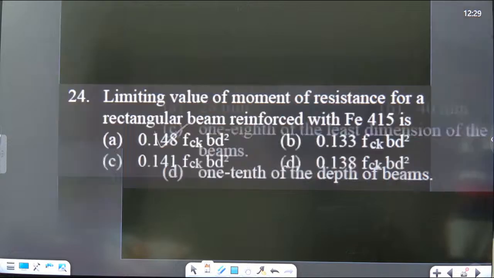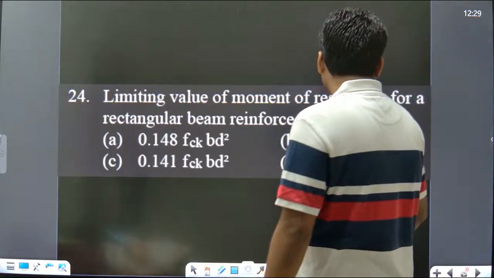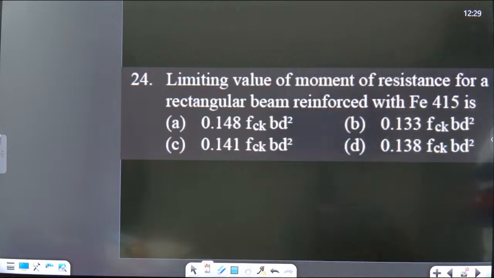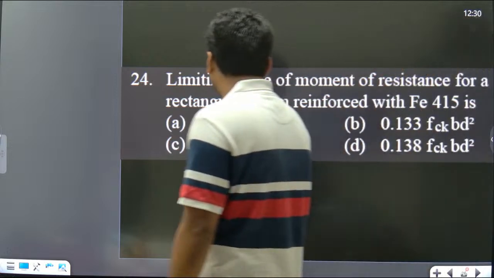Now moving ahead. Next question. This question we have already covered. Answer the question everyone. The limiting value of moment of resistance for a rectangular beam.